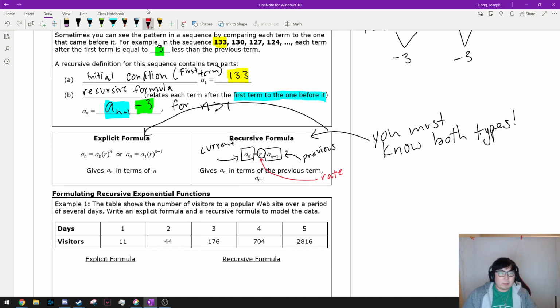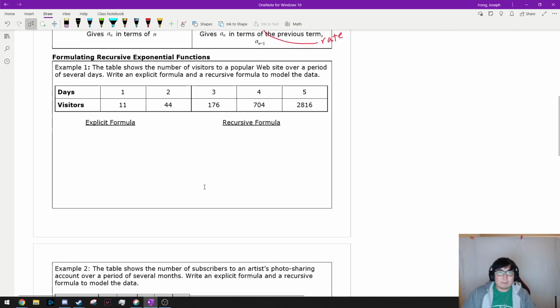So the explicit formula is another version of the recursive, but this is used for more multiply-heavy rates, and we're going to see the differences between these, but we're going to be able to come up with the same answer, written differently.